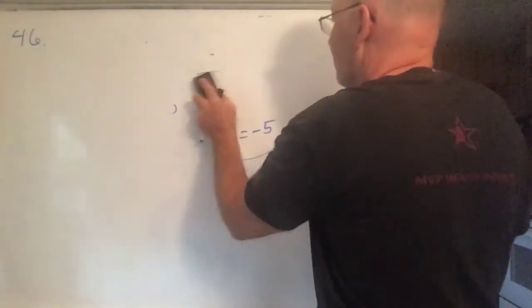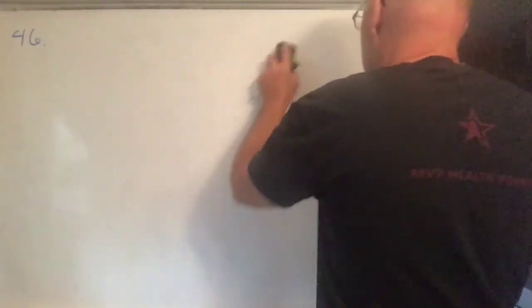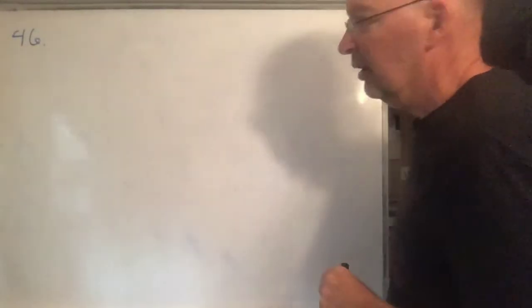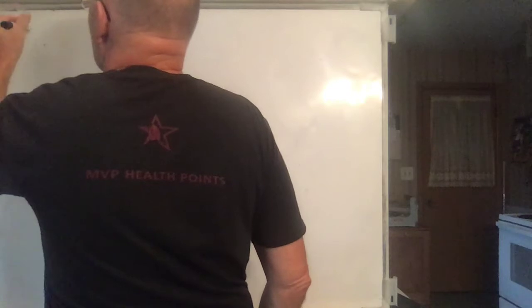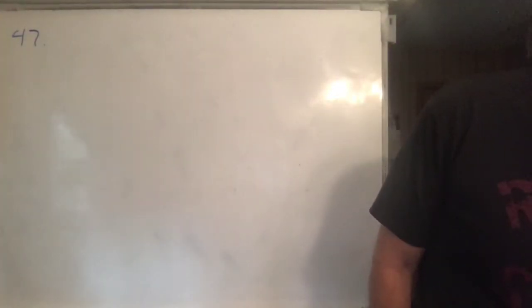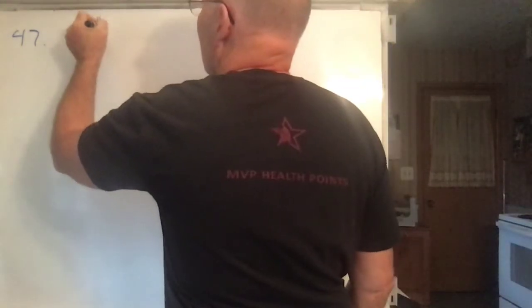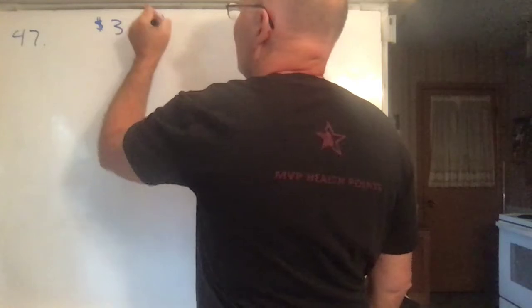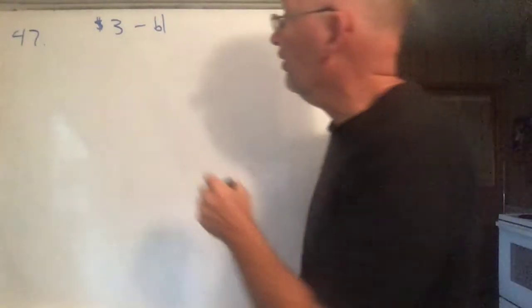Now let's use our newfound knowledge of substitution and elimination to actually solve a problem. Number 47. At a Davenport rugby game, the bleacher seats cost $3 for a bleacher seat, and cushion seats cost $5.